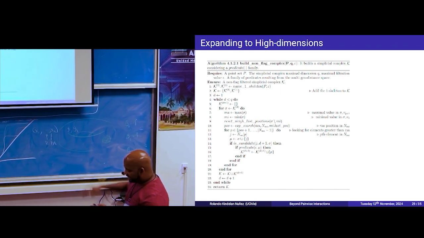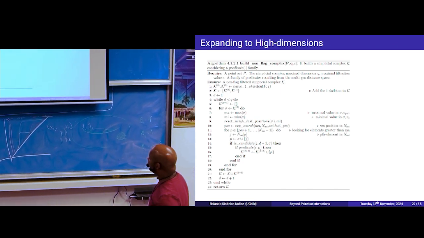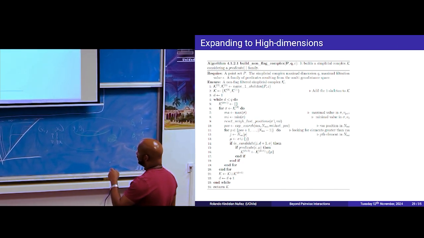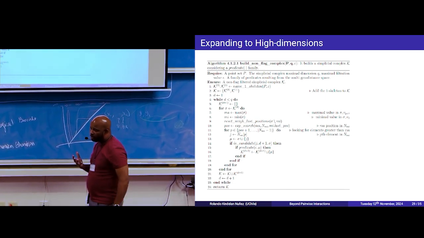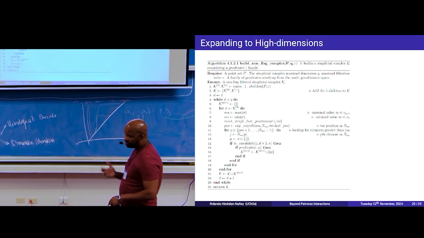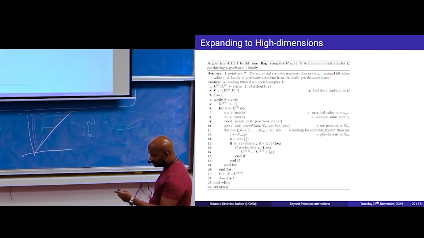So this is the final algorithm, which is the expansion algorithm that allows us to grow our complex to high dimension, no matter the dimension that you want to build.